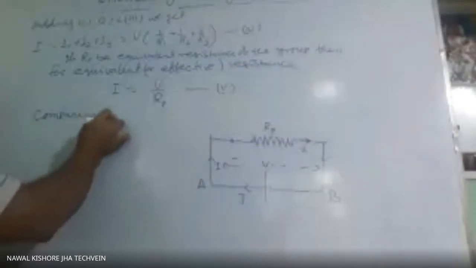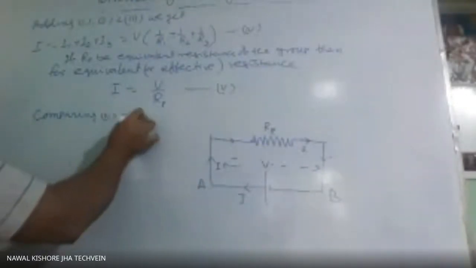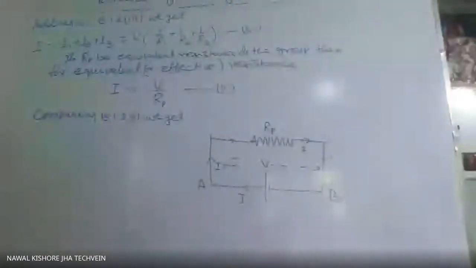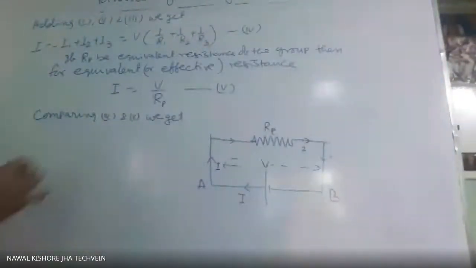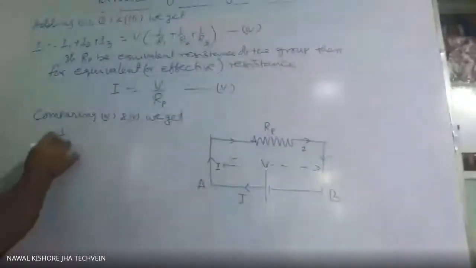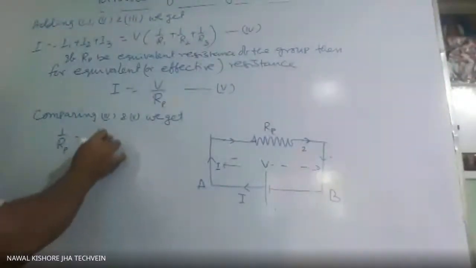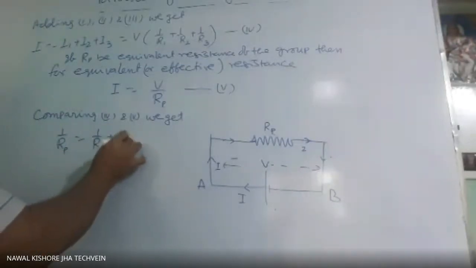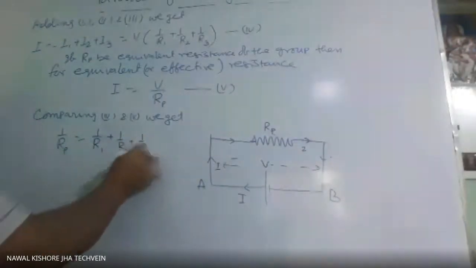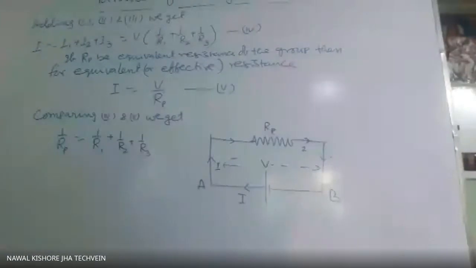So comparing 4 and 5, we get 1 by RP equals 1 by R1 plus 1 by R2 plus 1 by R3.